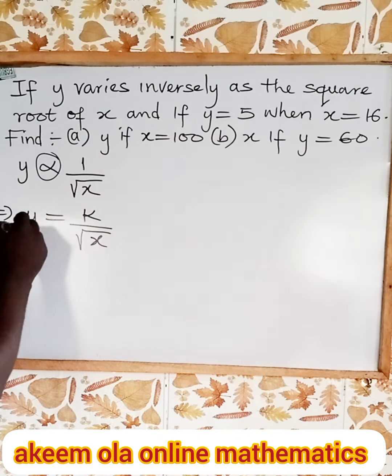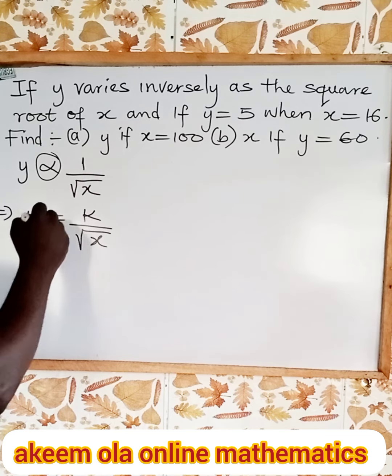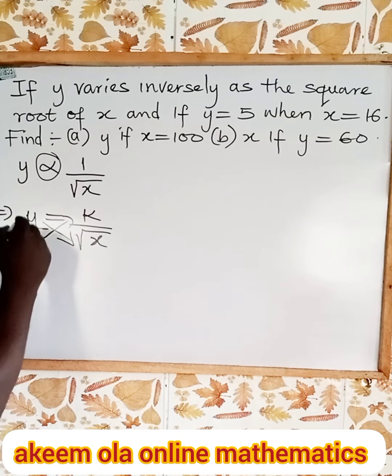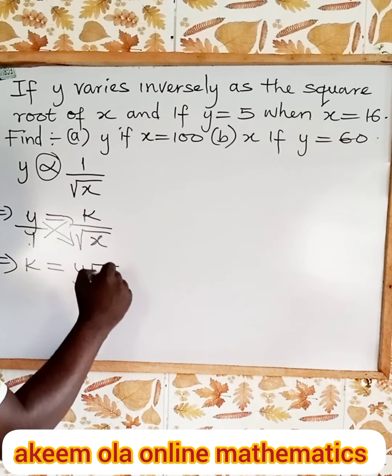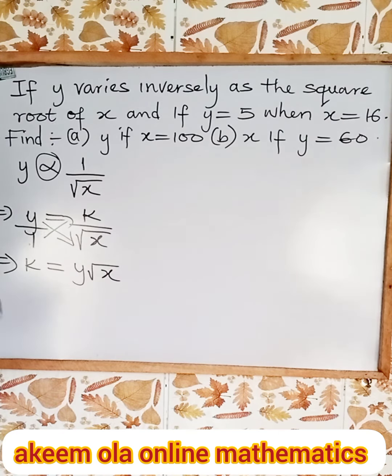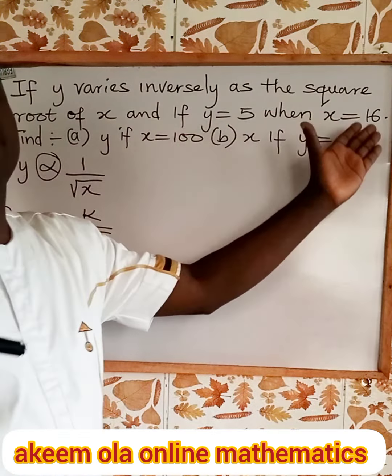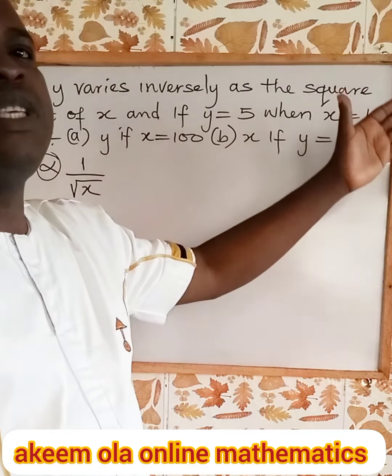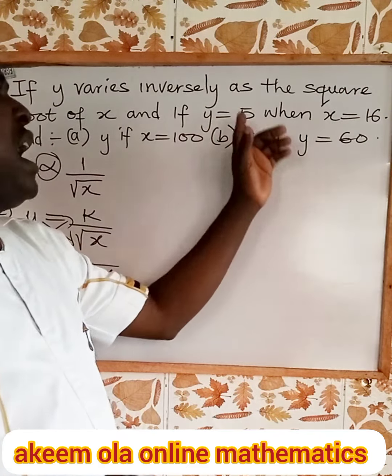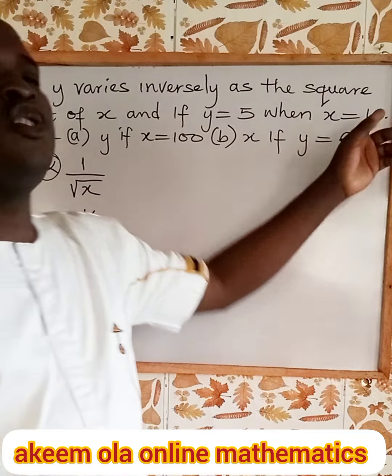If I make k the subject of the formula, that means I'm going to cross multiply. My k times 1 will give us k, and that will be equal to y root x. From here, make use of the first values of y and x to get your k. We are given that y is equal to 5 and x is equal to 16.